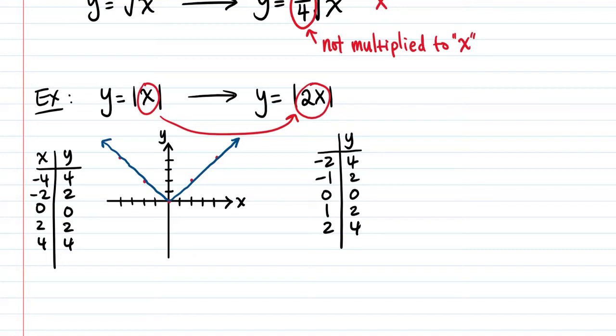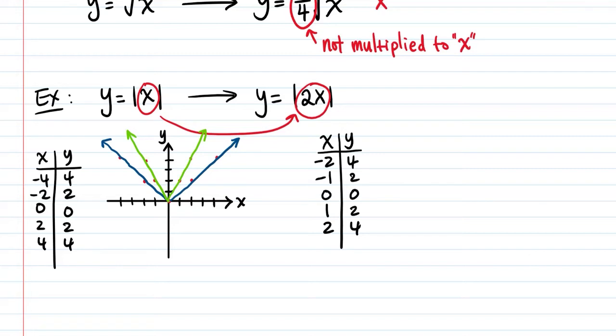Okay, so let's plot these points on the same grid. -2 and 4, -1 and 2, 0 stays the same, 1 and 2, 2 and 4. I used a different color. The green one is for the second function, y is absolute value of 2x.